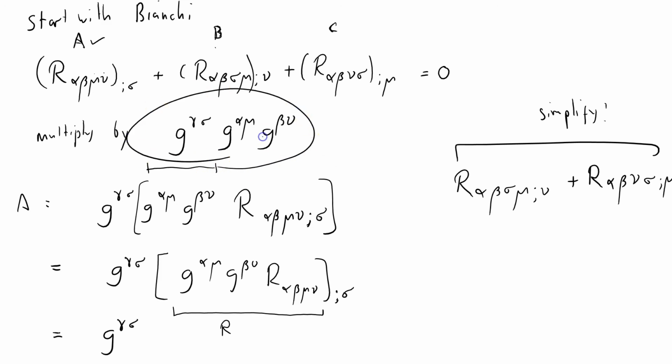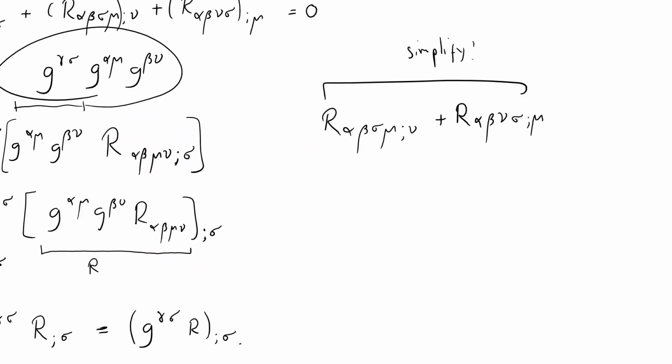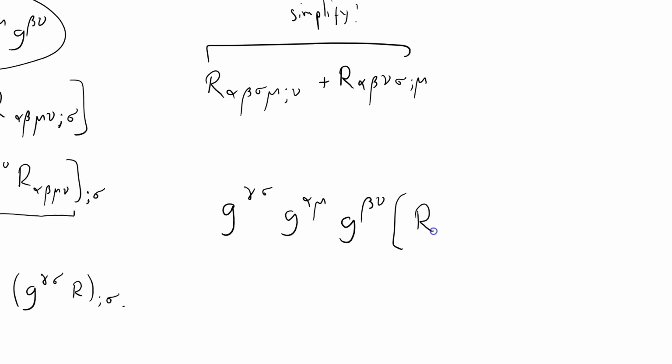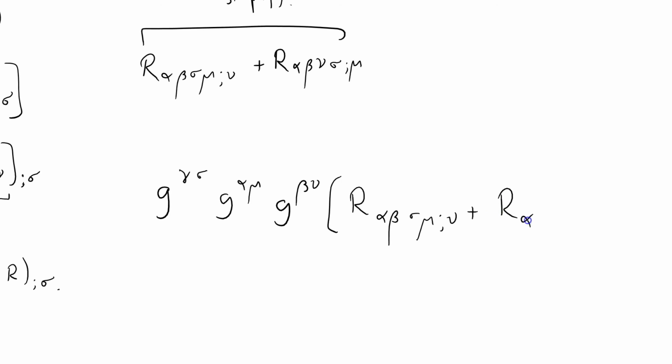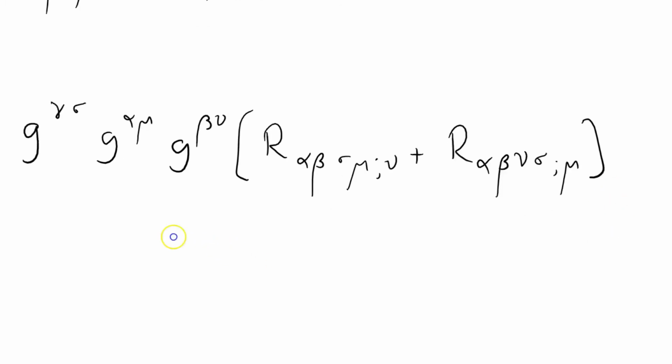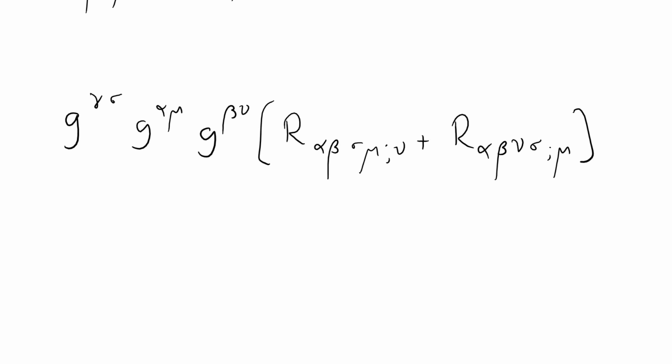We were multiplying it by this tensor here. So let's just write that out and see what happens. G gamma sigma, G alpha mu, G beta nu times R alpha beta sigma mu semicolon nu plus R alpha beta nu sigma semicolon mu. I want to simplify that beast there. What an awful thing that is.